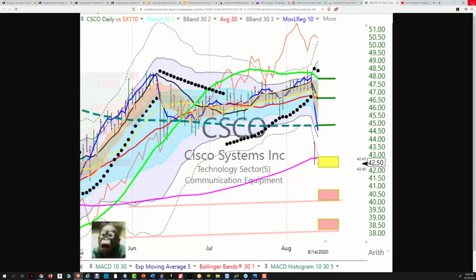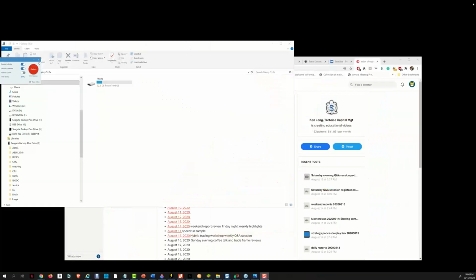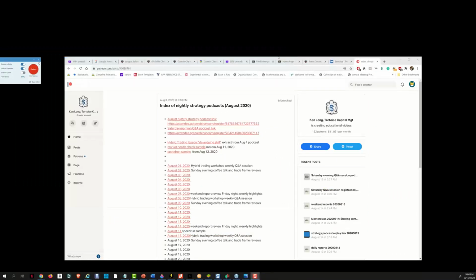Let's see. Joe asked, the strength of trend on the RL30 shows up in the Z-score. No, not really. To me, what you want to look for is, I'm going to talk about the slope statistic here. Let me get my little sketch pad on here.